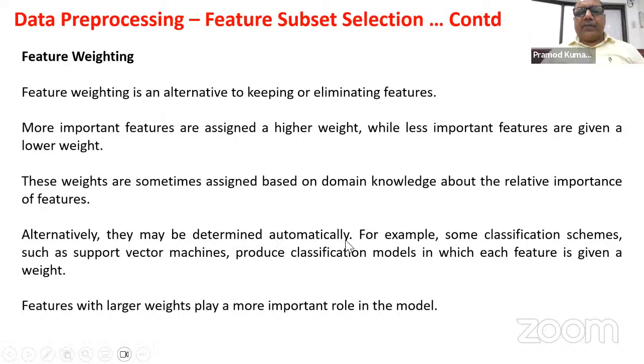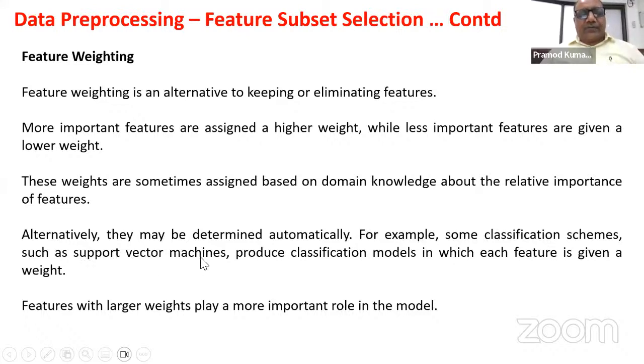Alternatively, they may be determined automatically, meaning the algorithm will do it on its own. For example, some classification schemes, such as the support vector machine, produce classification models in which each feature is given a weight. So what is written here is that if you have domain knowledge, you can do it on your own. If it is not so, then it can be done automatically also. Automatically means the algorithm will do it. The support vector machine is basically a classification algorithm, and it is taken here as an example only.